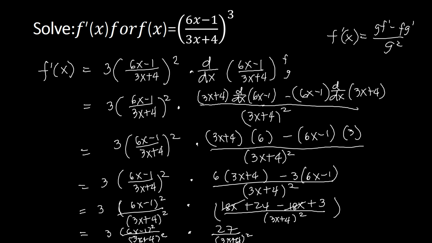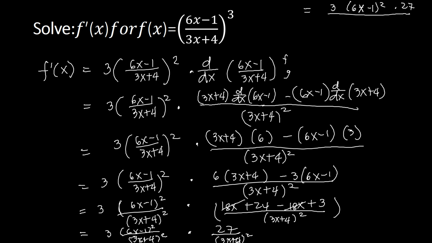Now, since we have the same denominator and we're multiplying, we can simply multiply. So this will be the next line: 3 times 6x minus 1 squared times 27, all over 3x plus 4 to the power of 2 plus 2, that's 4.